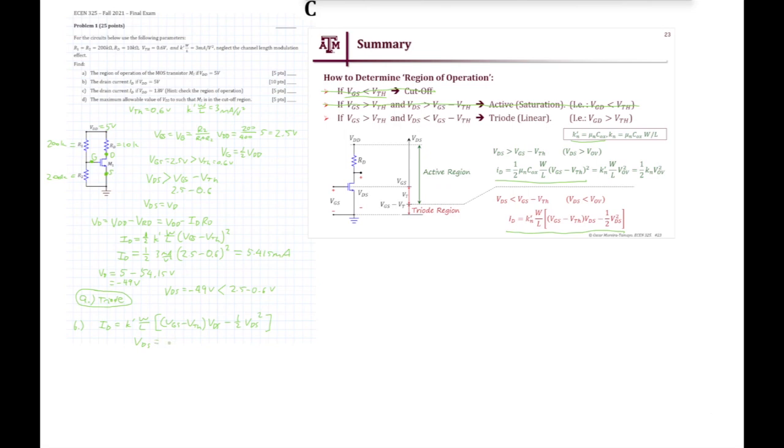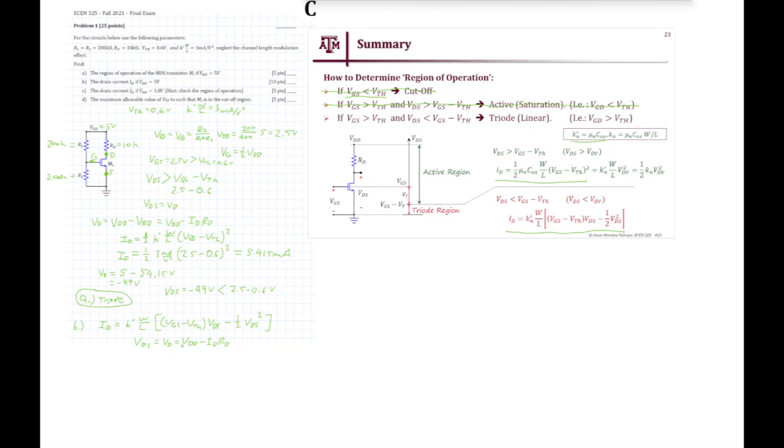Our VDS is equal to VD, which is equal to VDD minus IDRD. Right? That is the equation that we solved for right here. Our supply voltage minus the voltage across this resistor, RD.